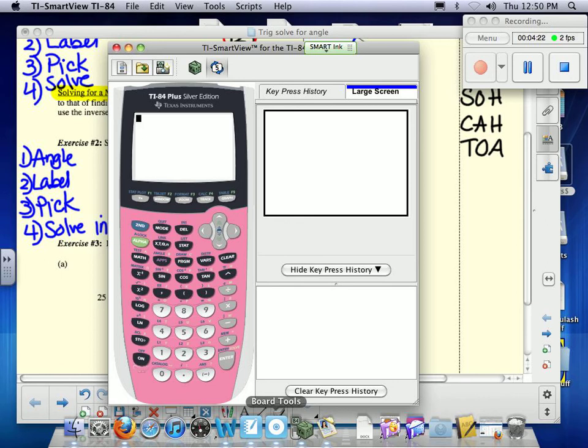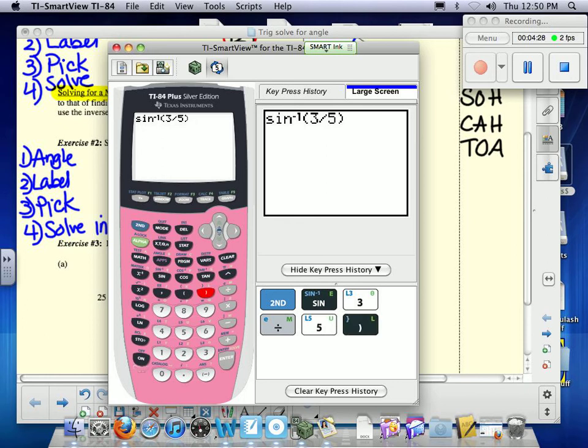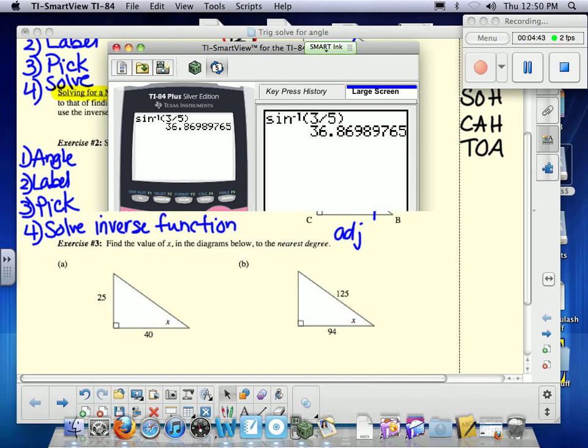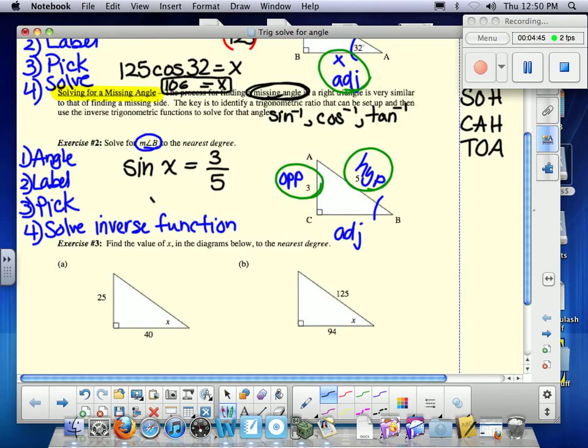Second sine, and you type in 3 divided by 5. And when you push enter, that's the angle measure for B. What are we rounding to? Nearest degree, so it'll go up to 37. So x is equal to 37 degrees.